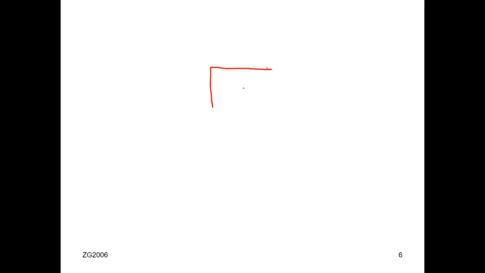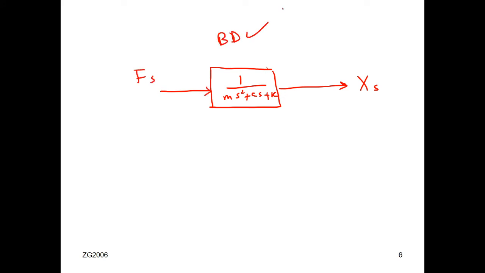So this is the block. 1 over the transfer function ms squared plus cs plus k. The output is X of s, and the input is the external force F of s. So this is my block diagram. This is one way to draw the block diagram.